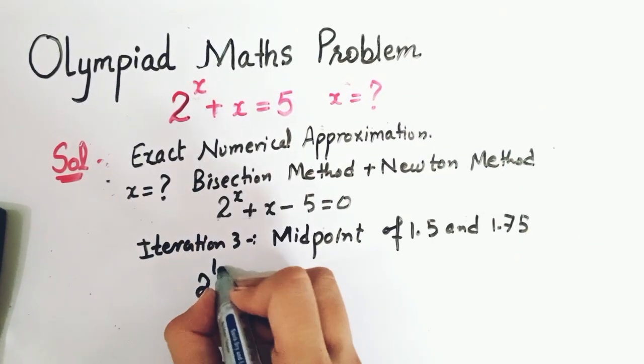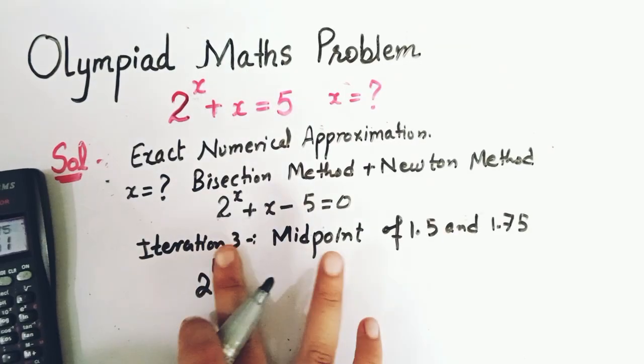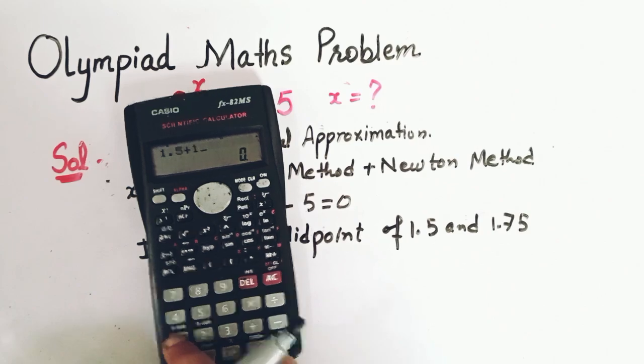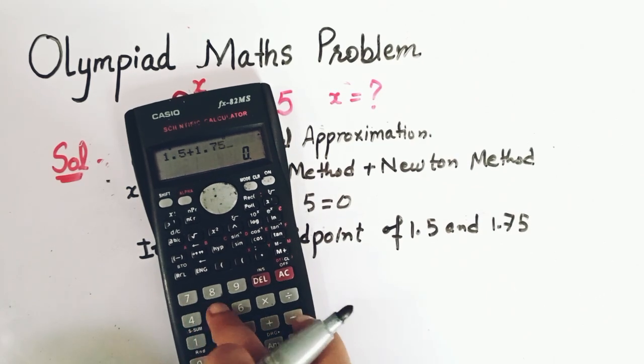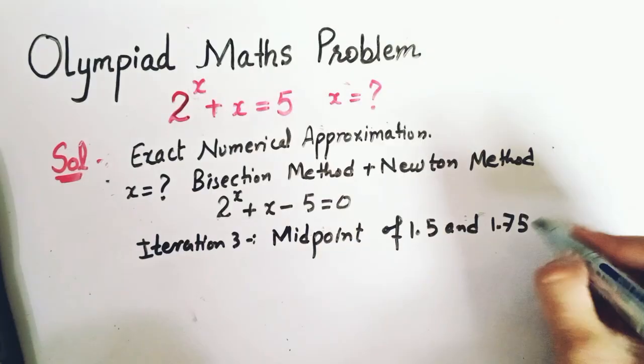Find the midpoint: 1.5 plus 1.75 divided by 2, this will be 1.625.